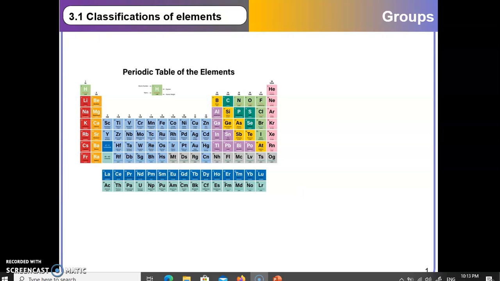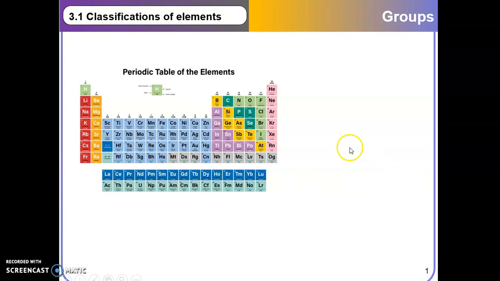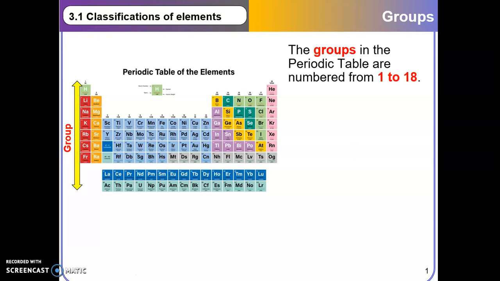From what we can see here, there are altogether 18 vertical columns. Each vertical column is called a group. So there are altogether 18 groups, and we number the groups from 1 to 18.